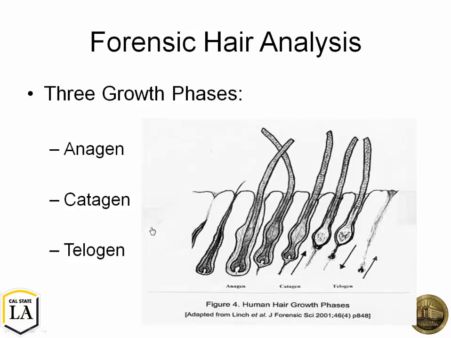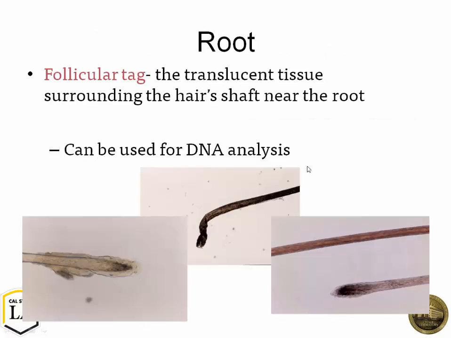And so that type of evidence can be significant as well, because if hair is yanked out forcefully, that would probably pull out more biological material versus the hair following its natural path and falling out on its own.